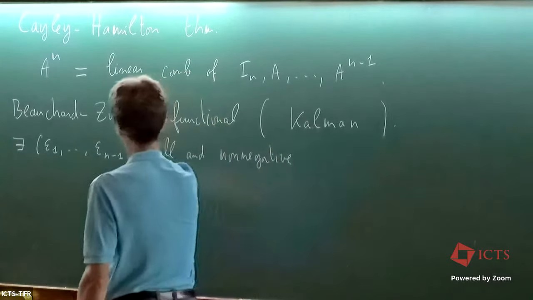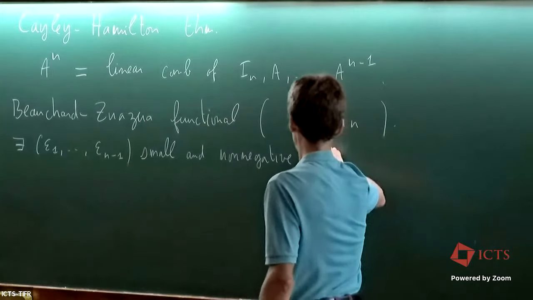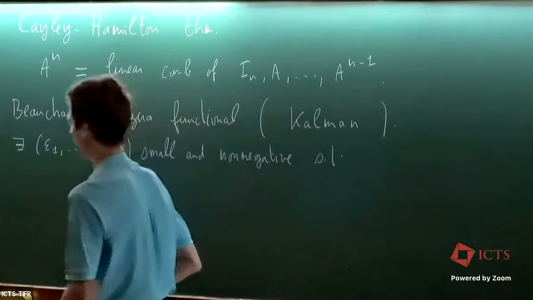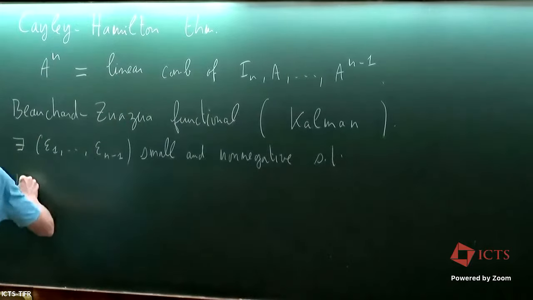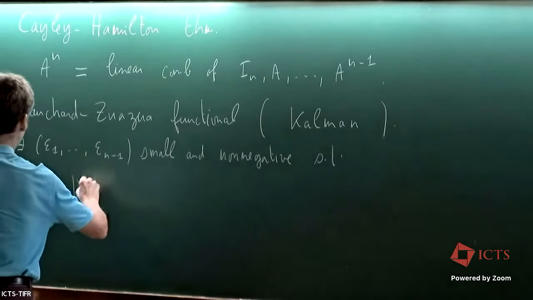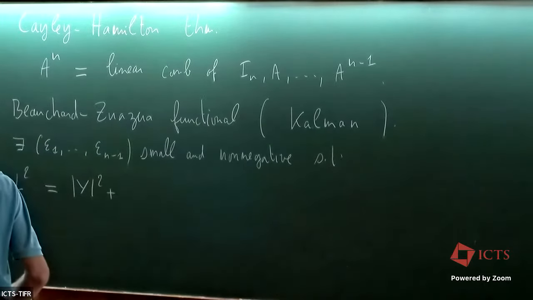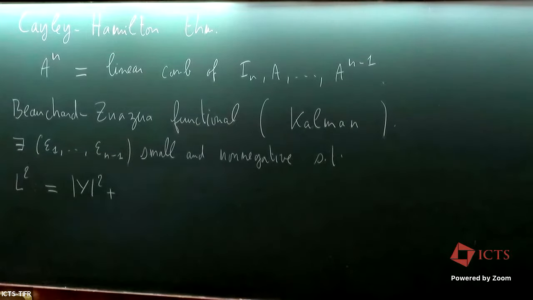Not only small, but as small as you want, in fact, okay? Such that the following functional, let's call it L square, equals y square plus the sum of all these terms.